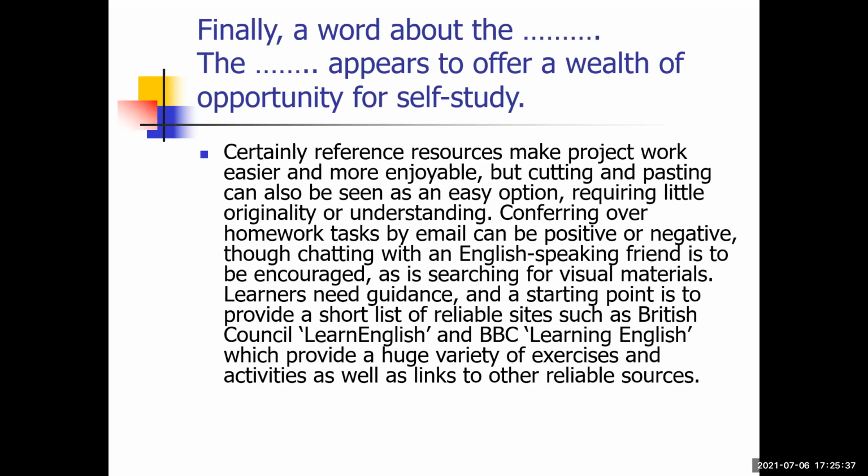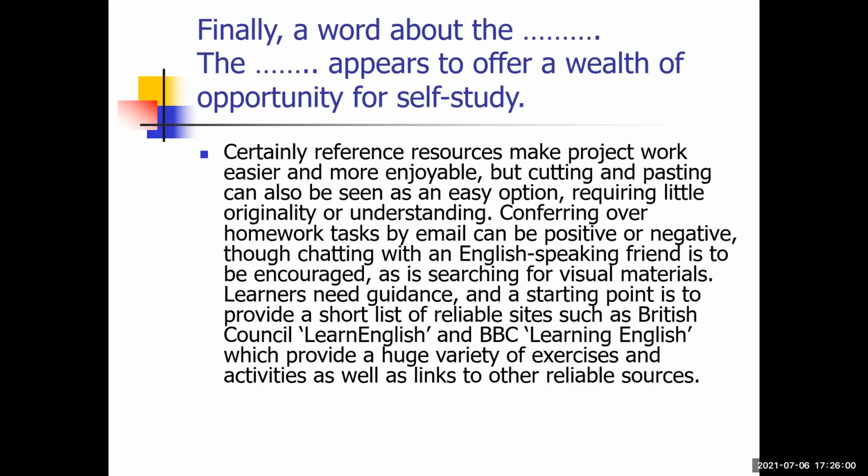Learners need guidance, and a starting point is to provide a short list of reliable sites such as British Council Learn English and BBC Learning English, which provide a huge variety of exercises and activities, as well as links to other reliable sources.